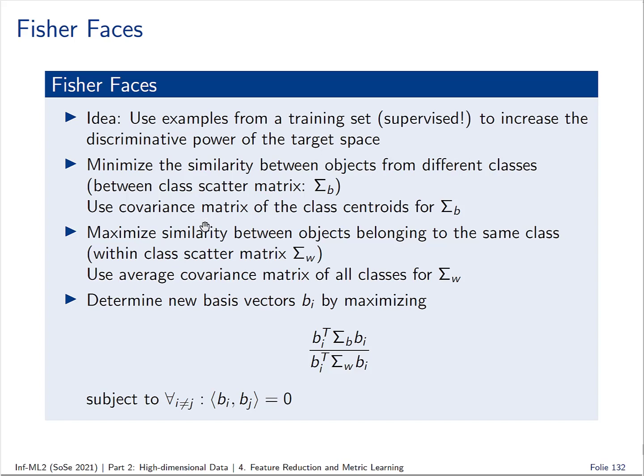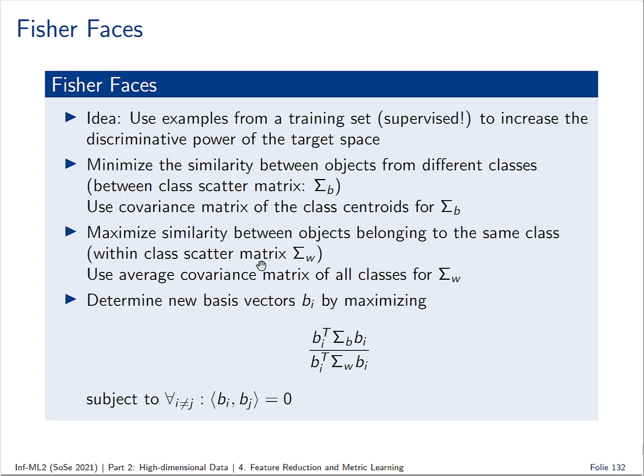And on the other hand, if we look at the within class scatter matrix, where we try to maximize the similarity between objects in the same class, we use this within class scatter matrix, which should display the directions for the within class distances.